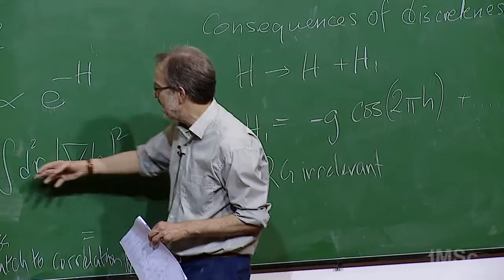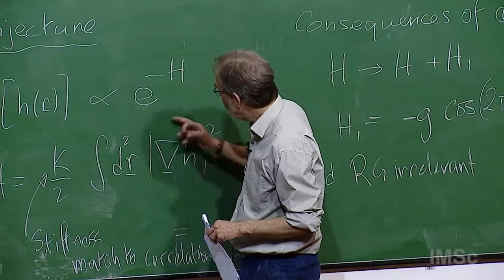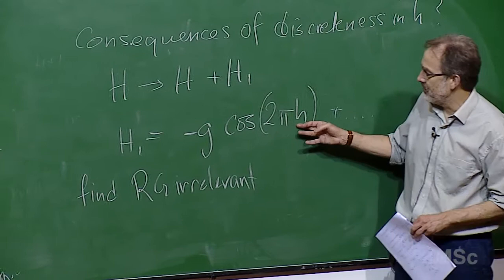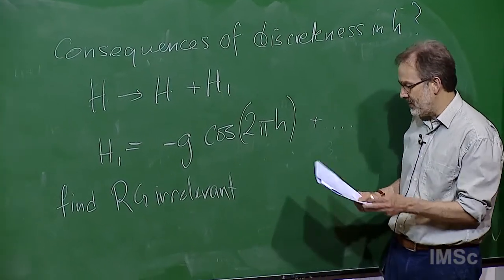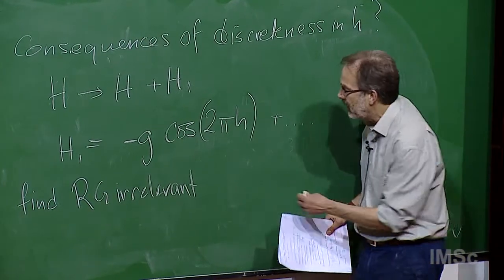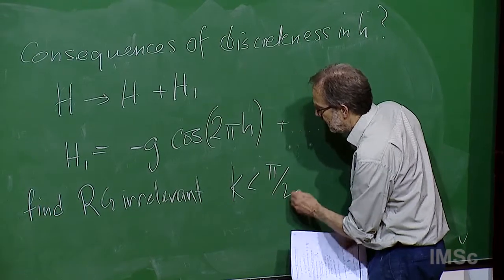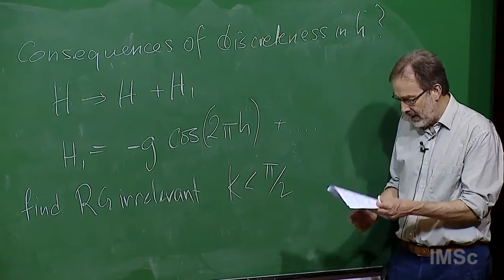Roughly speaking, the point is that if this stiffness is small, we have big fluctuations of H, and if we have big fluctuations of H, then this cosine gets washed out, and it's irrelevant if K is less than pi over 2.